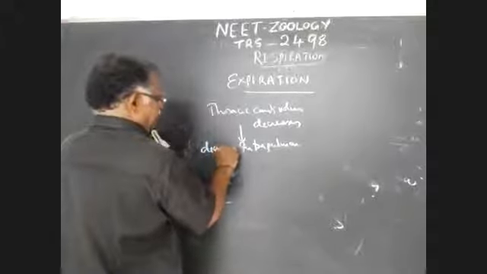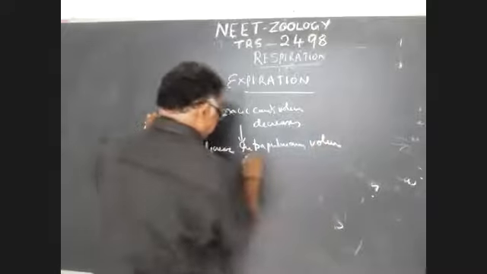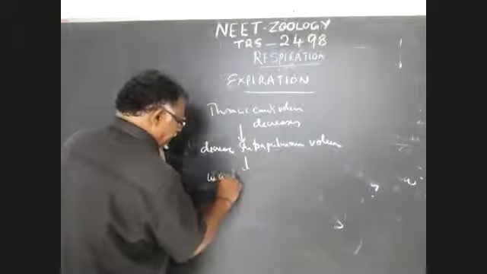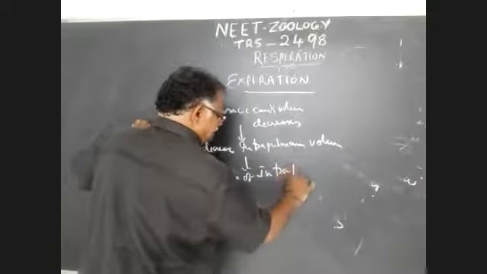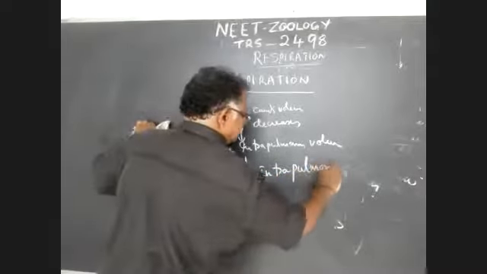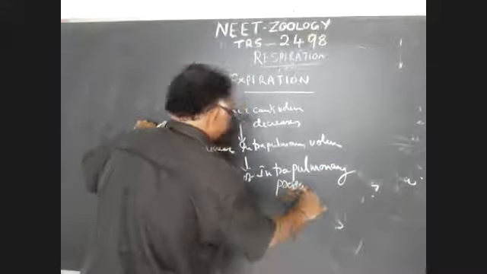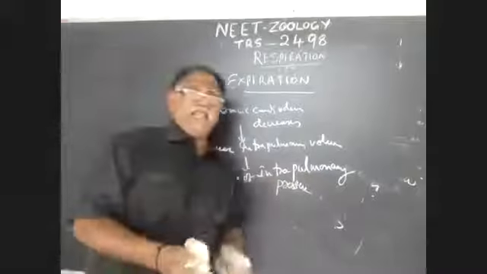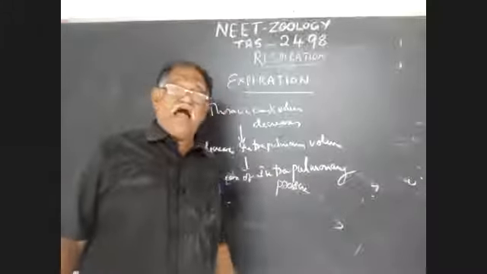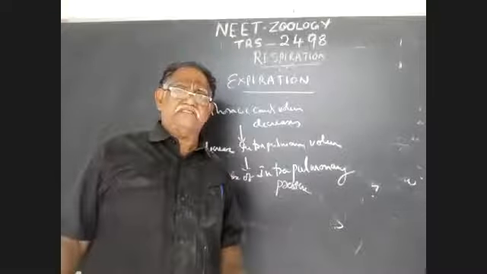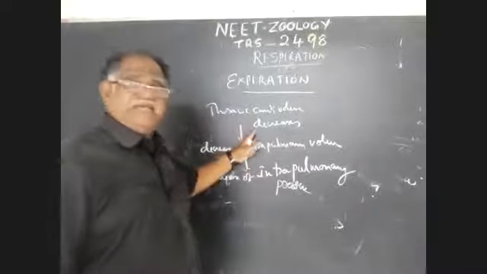That results in an increase of intrapulmonary pressure. So, due to the relaxation of external intercostal muscles and diaphragm muscles and contraction of internal intercostal muscles, the thoracic cavity volume decreases.